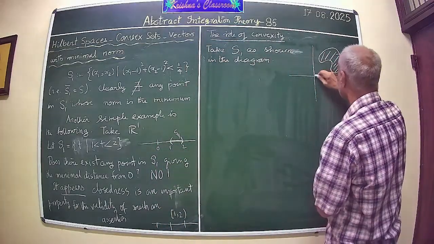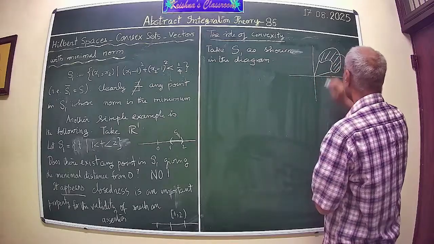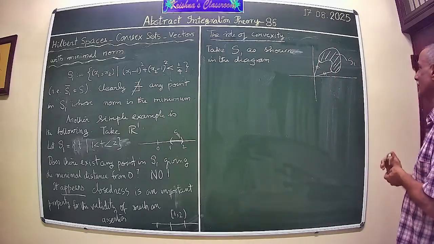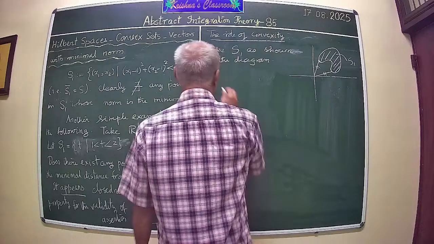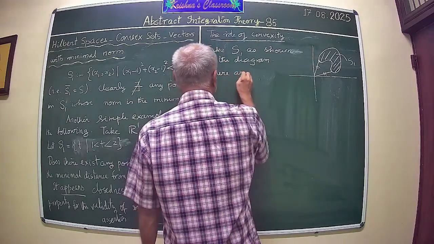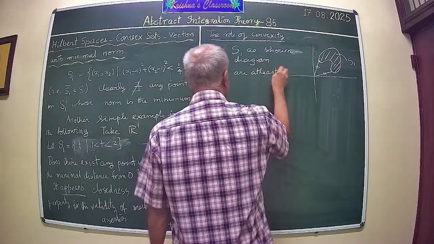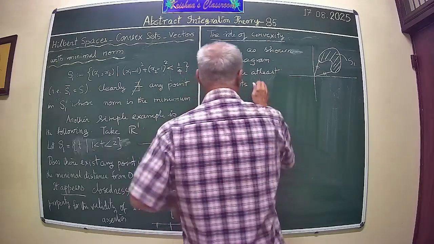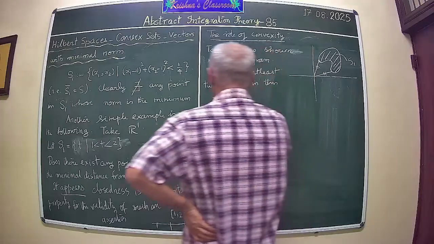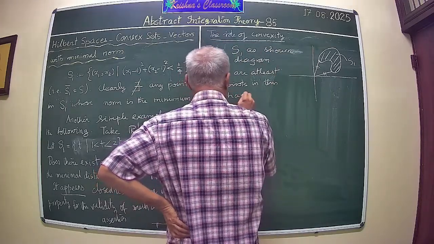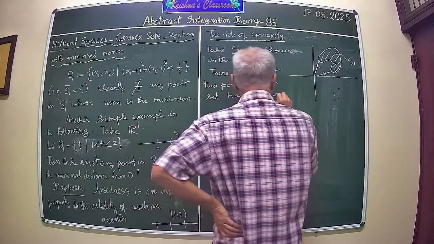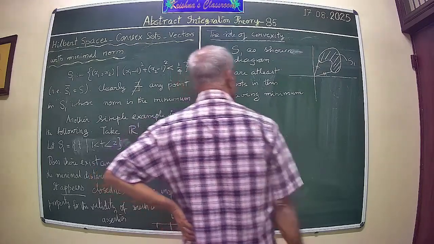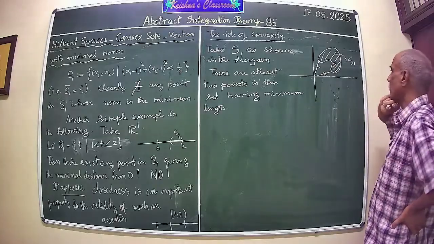Now you see that there are 2 points in this set to which the distance is a minimum, having minimum length. So there are 2 vectors having minimum length.